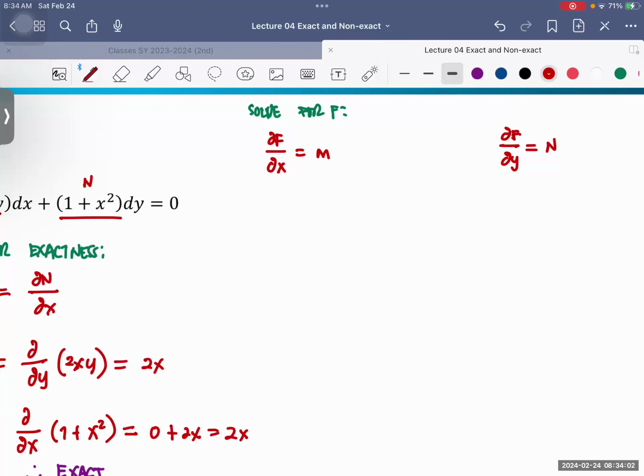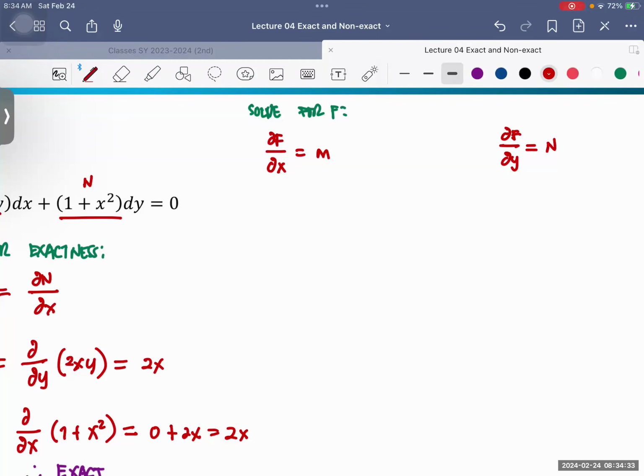Okay, so why is that, class? It's because f is both a function of x and y. So we take f with respect to x, and then we take f with respect to y, we anti-differentiate, and then we combine them so that we get the full expression.